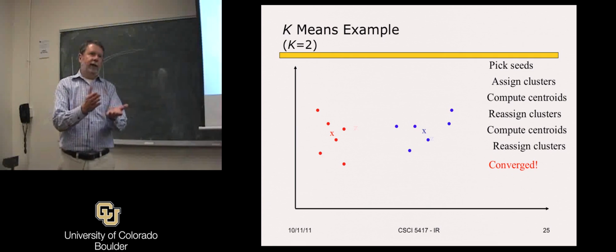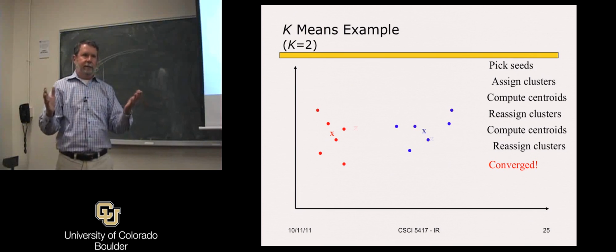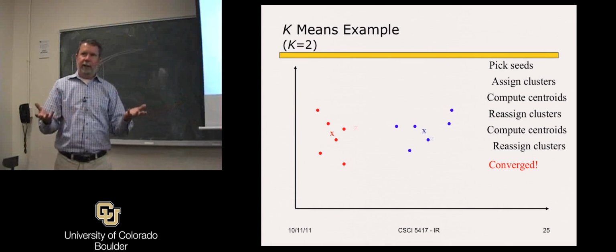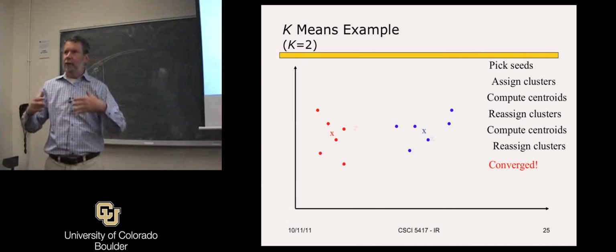You could look at has the centroid stopped moving? And that's not terribly bad. But an easier criteria to use is, has anybody been reassigned? Has anybody changed the category that they belong to? And if we get to the point where nobody's changed the category we belong to, we're happy.